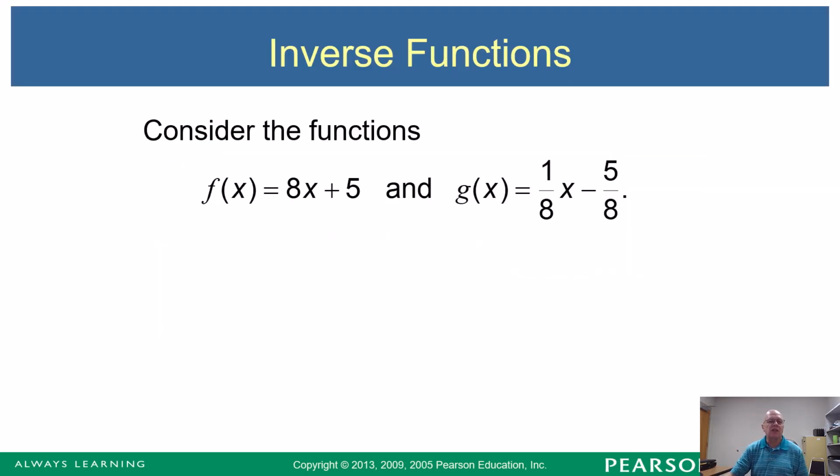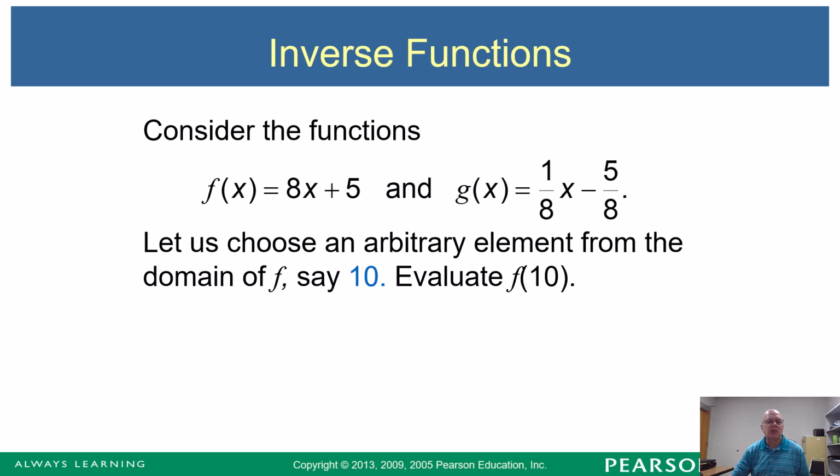How about these functions? Let's choose some number from the domain of f. So we're going to start with f, and we're going to put a 10 in there. What is f of 10? We'll put 10 where the x is. Here's the x value. We end up with an 85. Now what are we going to do with that?